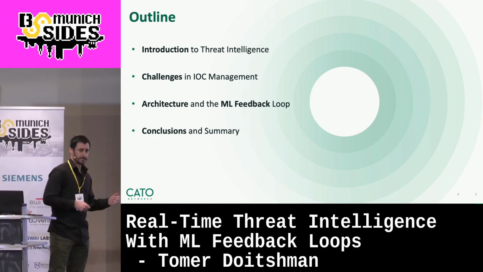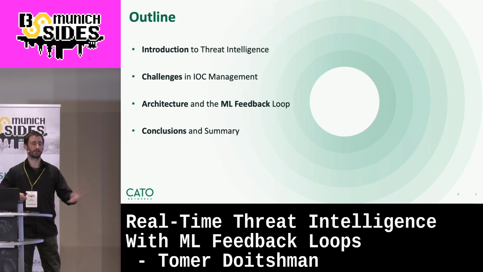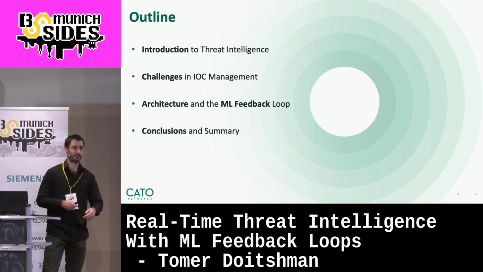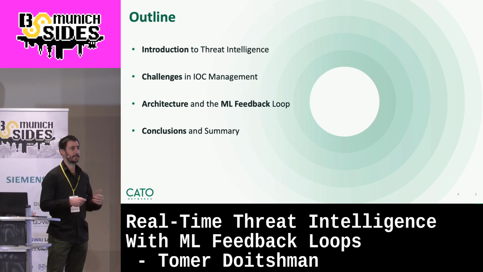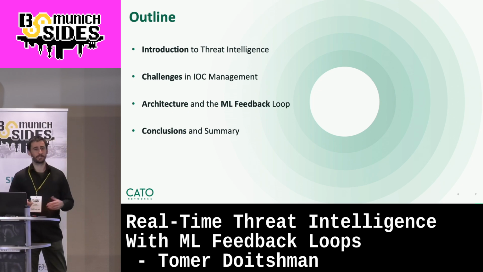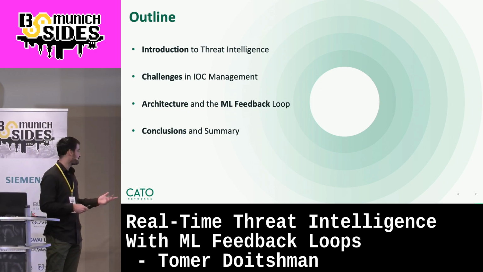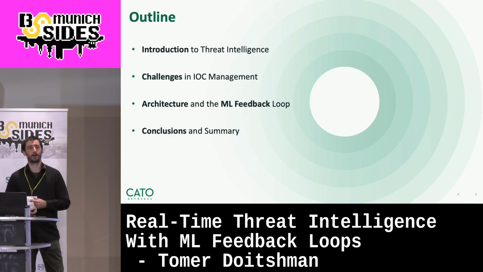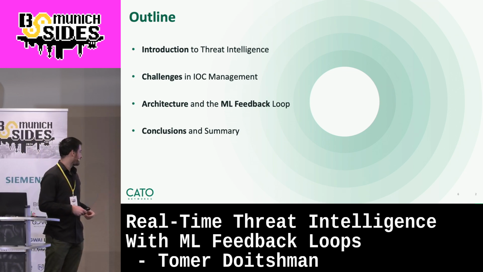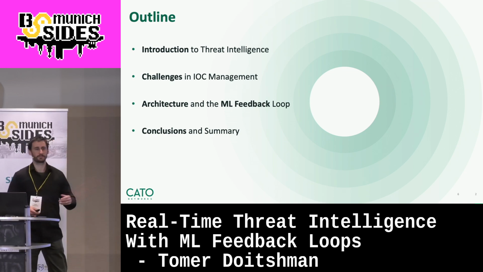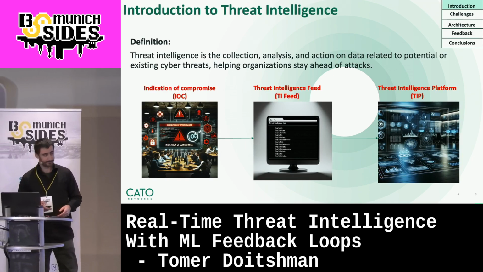The main focus of the presentation is the architecture of our pipeline, how we do it at Kato, and also to introduce the machine learning feedback, how we use the feedback from the production environment to optimize our process. Finally, we are going to talk about some case studies and conclusions.